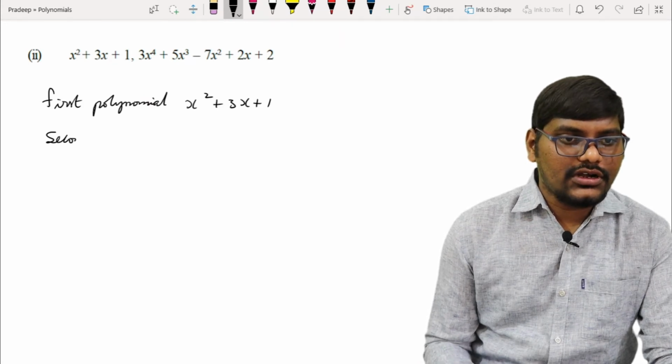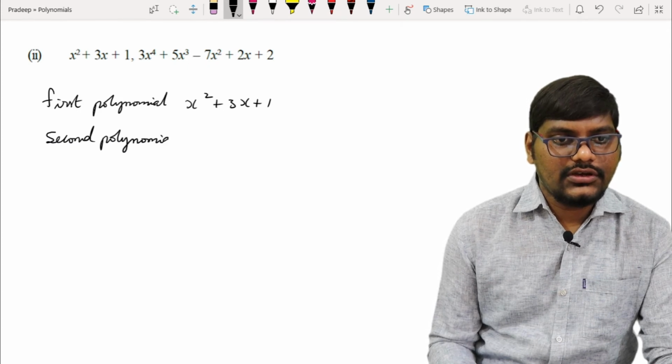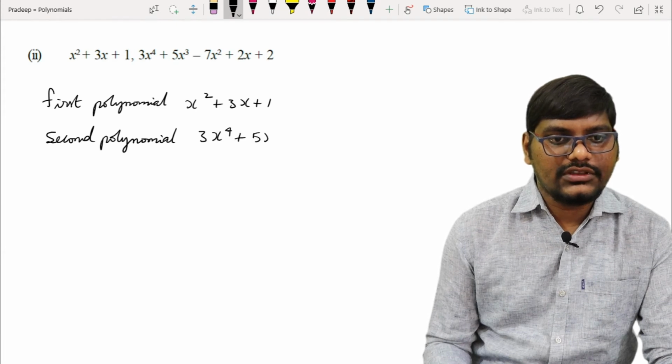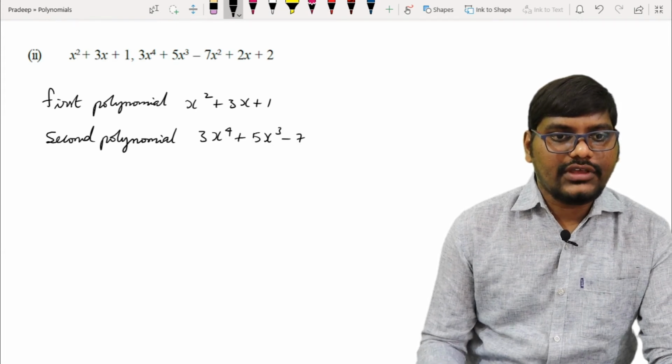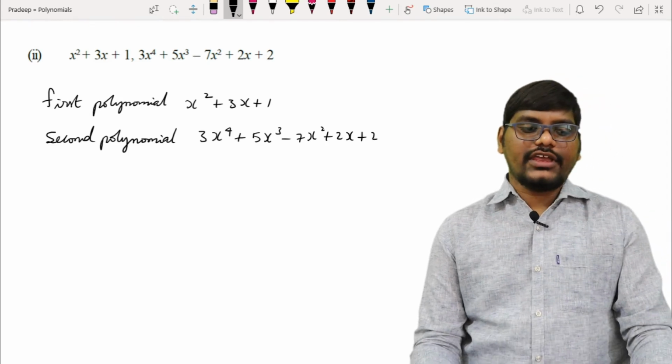The second polynomial is 3x power 4 plus 5x power 3 minus 7x square plus 2x plus 2.